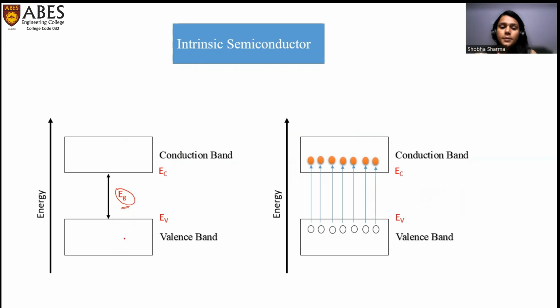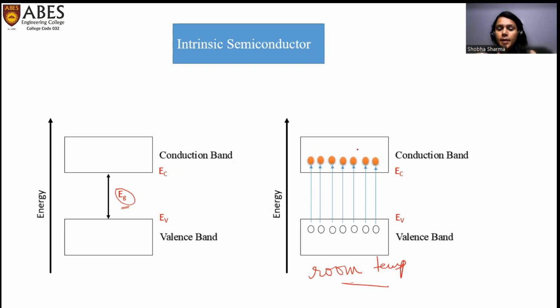So at zero temperature, no electron in the valence band gains the energy required to cross the gap. So current will be zero. No conduction will occur. As we increase the temperature to room temperature, some electrons gain some energy to cross this energy gap and reach the conduction band.